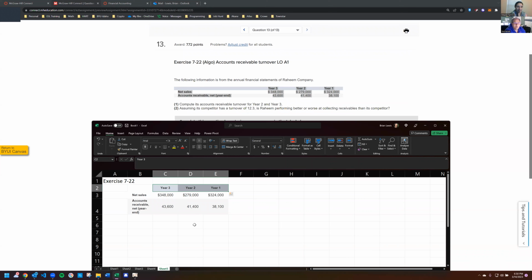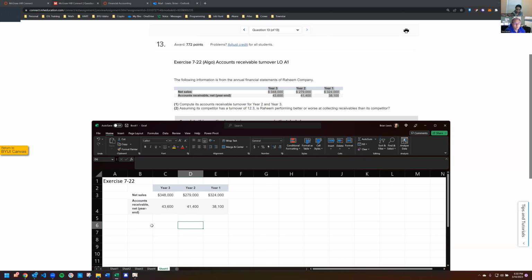Accounts receivable turnover, year 2 and 3. Okay, so you have to convert your sales to days and figure out how many days there are in accounts receivable.